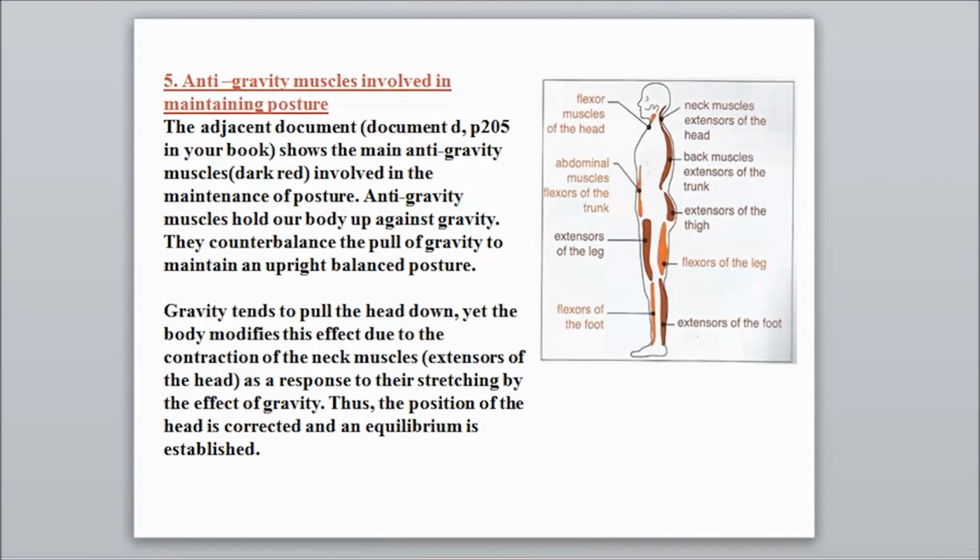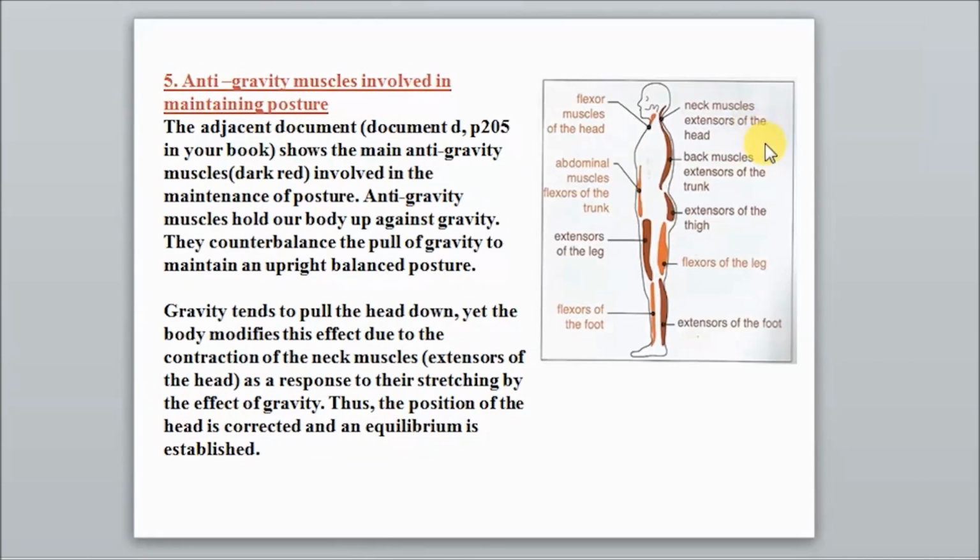You see, gravity tends to pull our head down, but despite this, our head maintains an equilibrium. How is this done? As said before, in a myotatic reflex, the stretching of a muscle leads to its own contraction. Here, gravity tends to pull the head down, yet the body modifies this effect due to the contraction of the neck muscles, the muscles that are found here.